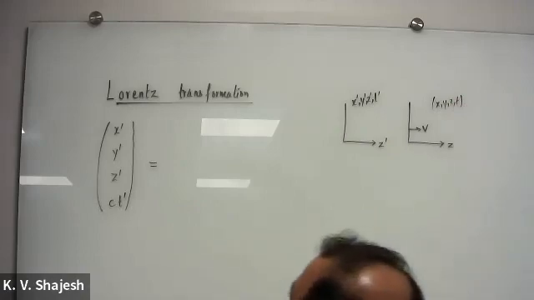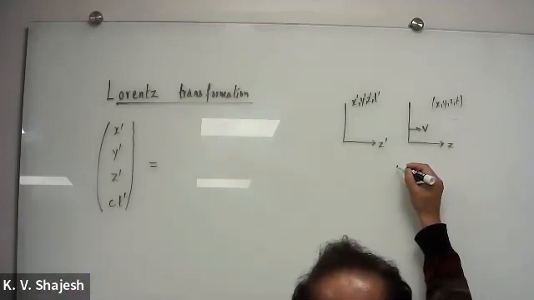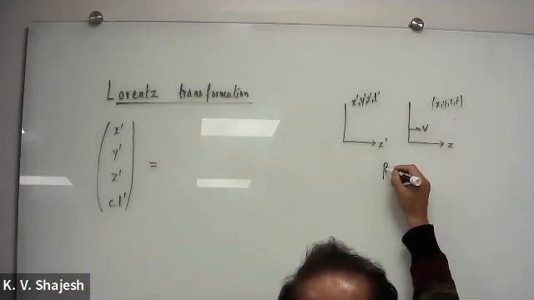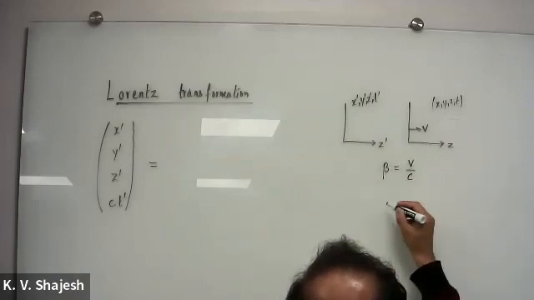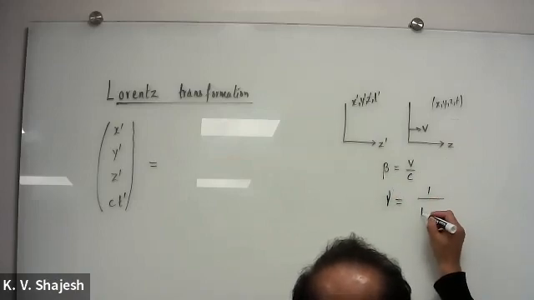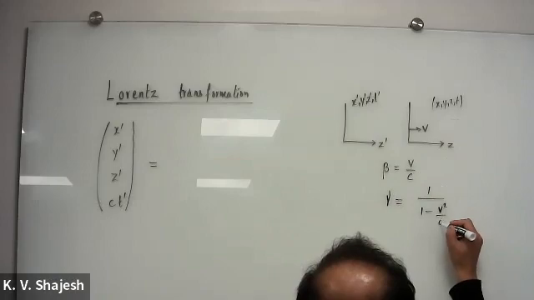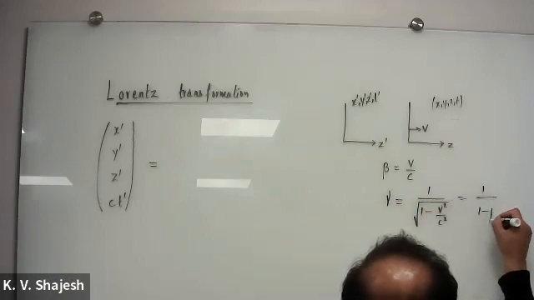This is z. And then we said if this is v, I can define beta as v over c, and gamma is equal to 1 over the square root of 1 minus v squared over c squared, which is basically 1 over the square root of 1 minus beta squared.